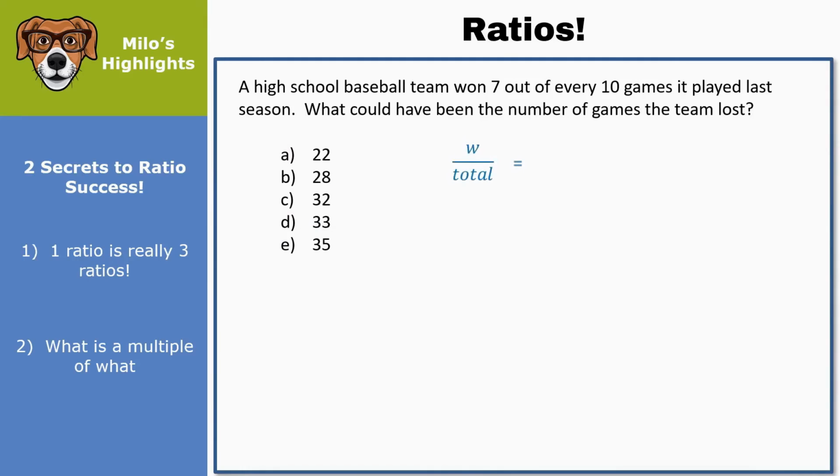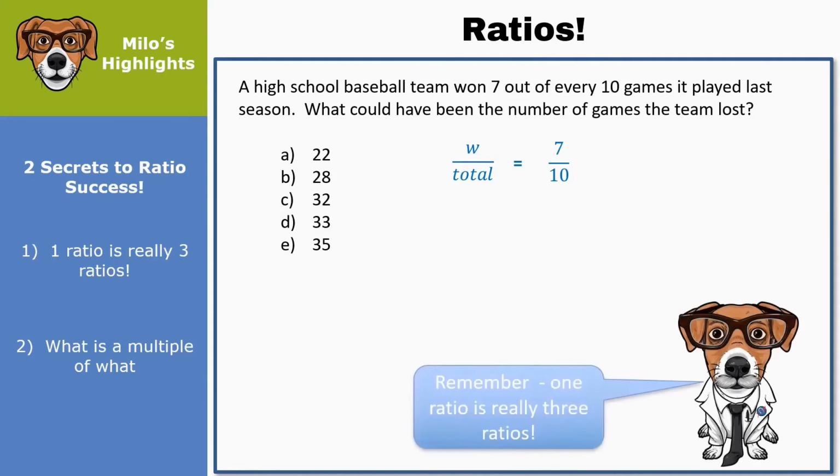Okay, what we're told is that win over total is 7/10. Now, we also know when we're given one ratio, we're really being given three ratios. So the other two ratios are loss over total is 3/10, and win over loss is 7/3.